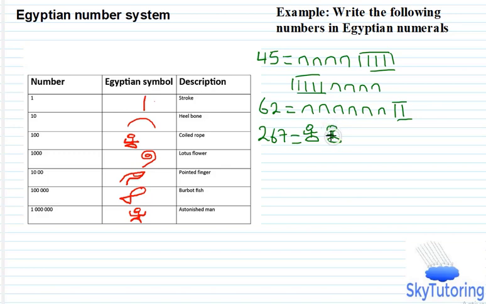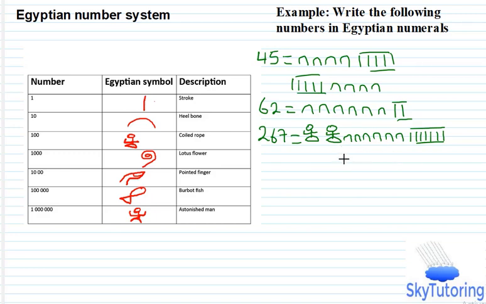So this is 200. Now 60, so I'm going to have my heel bones, 6 of them, and then 7 strokes. So this is the way we will represent 267 in the Egyptian system. I hope you get the point.